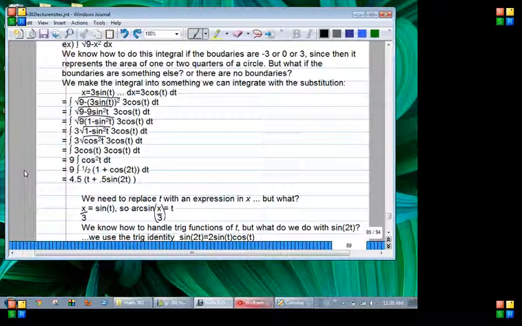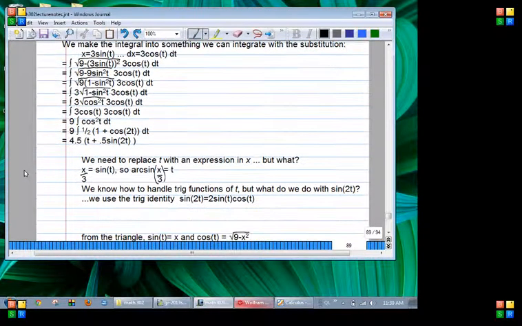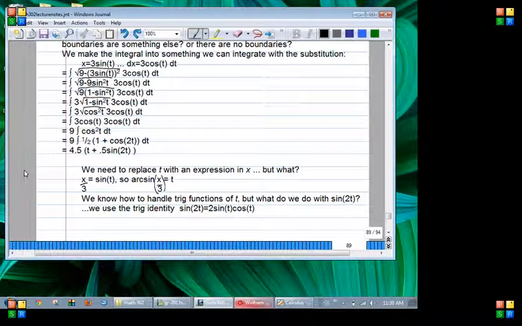So now that we know this, we can say what sine t is, and we can say what cosine t is by using the trig triangle. So in the trig triangle, the angle is t. And what do we know? We know that x over 3 equals sine t. So x over 3, opposite over hypotenuse, is sine t.